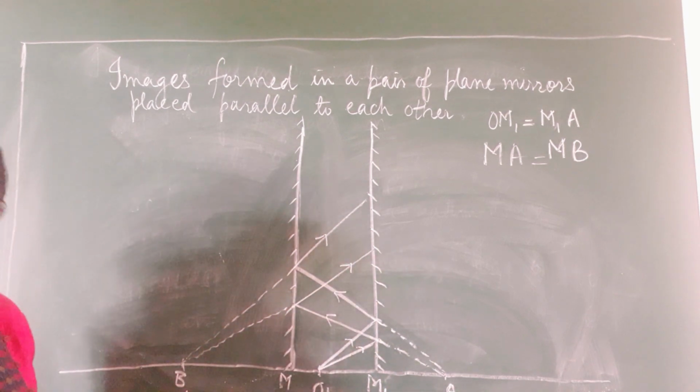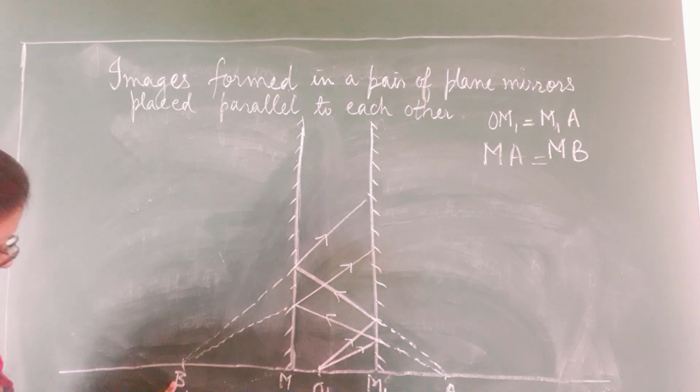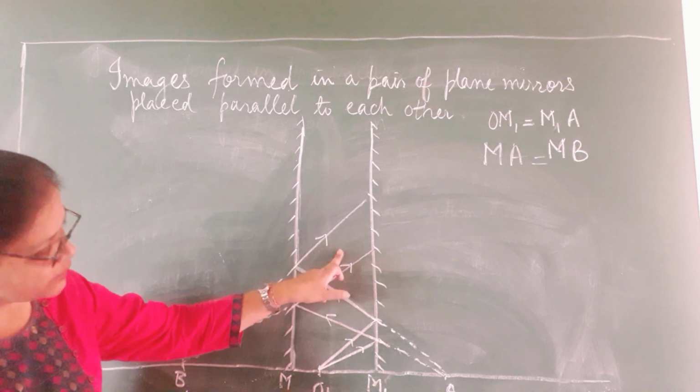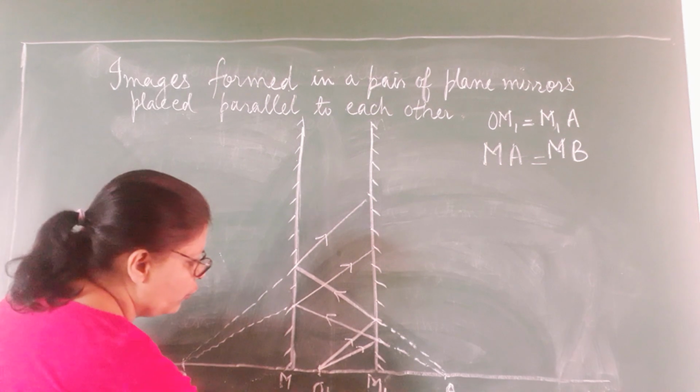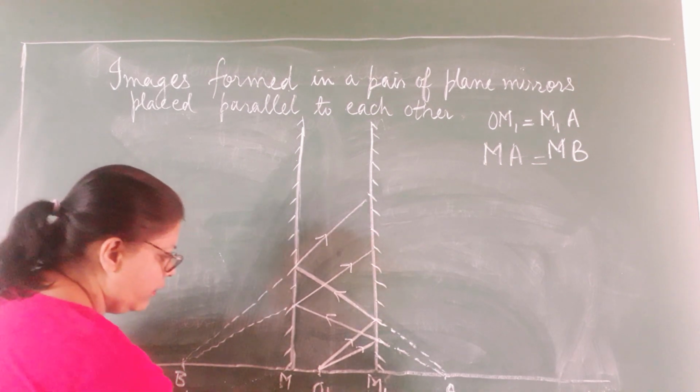Now what happens? Now this particular image is an object for the first mirror again, and finally what I am going to do, I am going to measure this M1B.